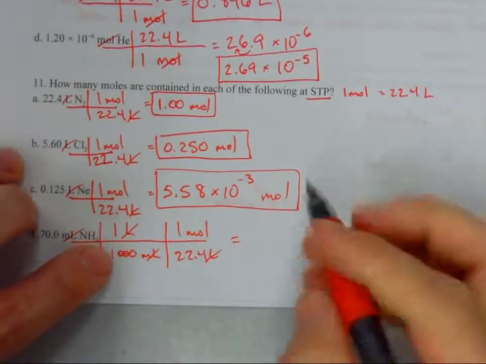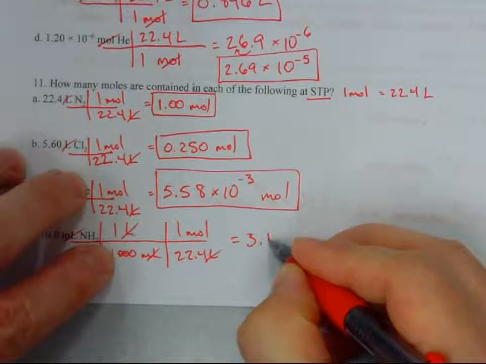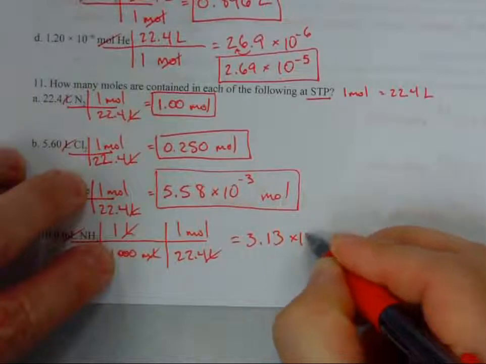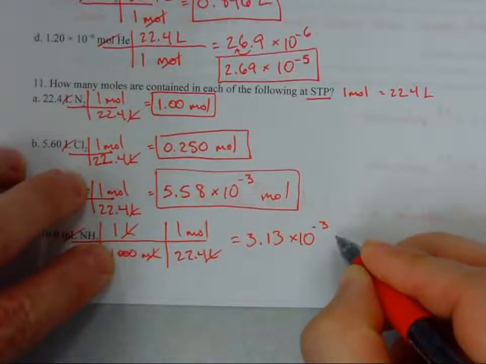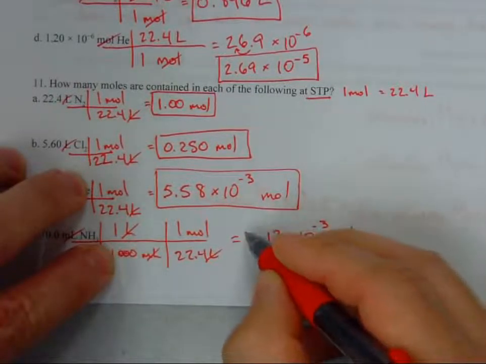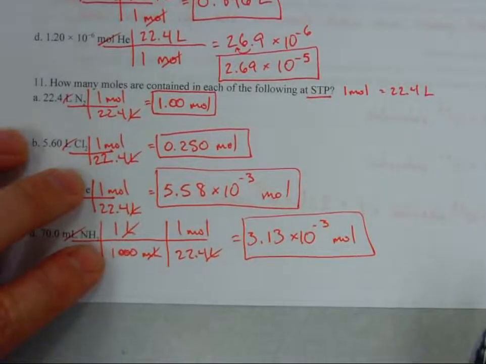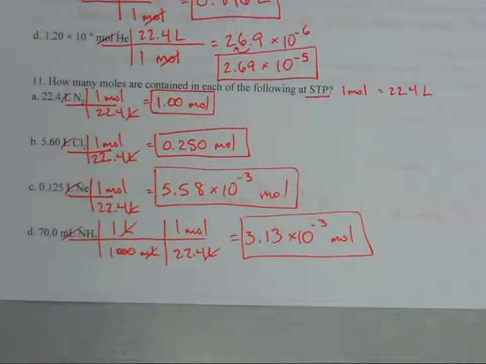So I will report 3.13 times 10 to the negative 3 moles because I had to move the decimal because it was too small. That coefficient was too small, and so my exponent needs to reflect the fact that it was small. How do I do that? I say a negative exponent.